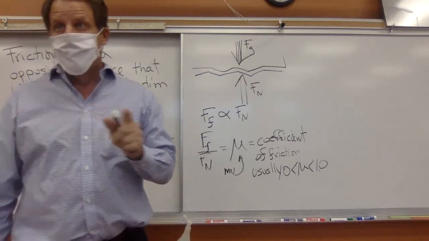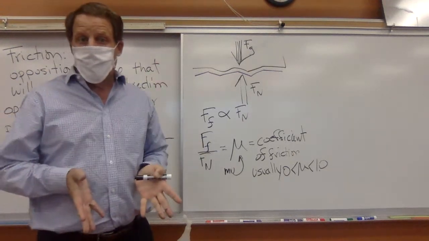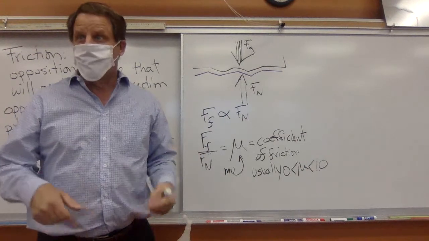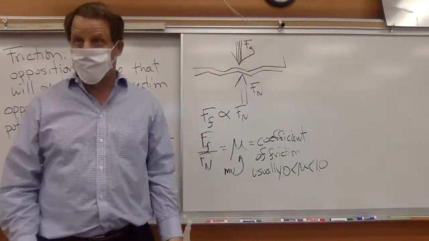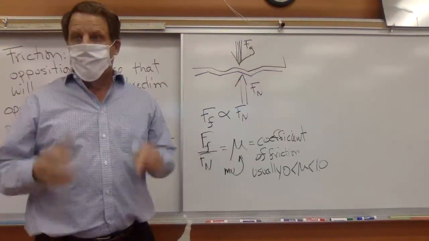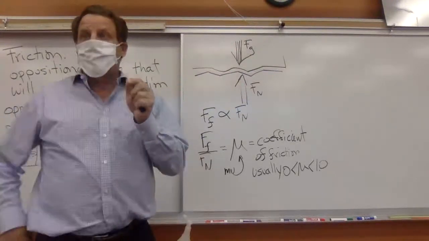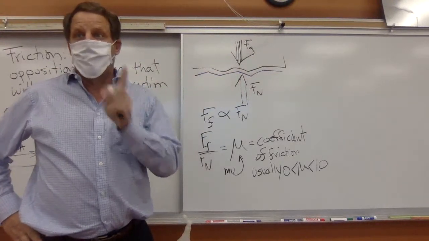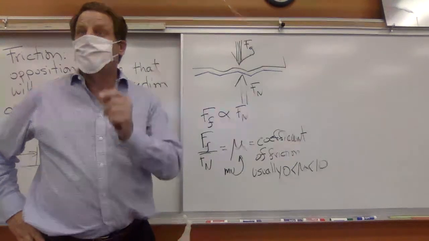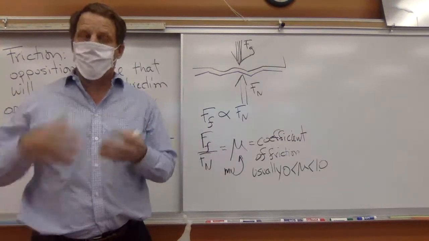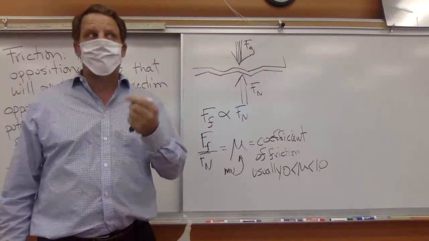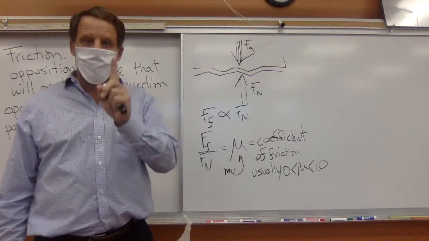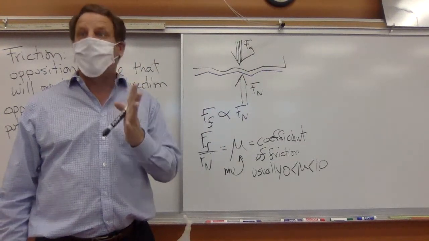In the same way that if you're on, let's say, asphalt with rubber soled shoes, that rubber tends to be a good grip, but it's always the combination of two surfaces. So if we take rubber on asphalt or concrete, then that coefficient of friction is going to be higher.